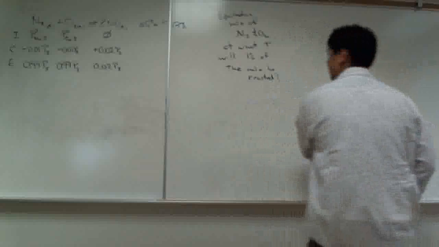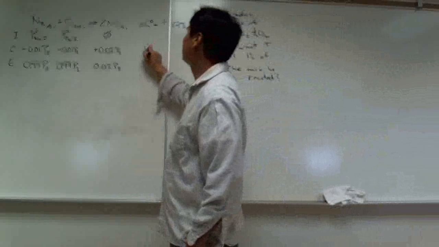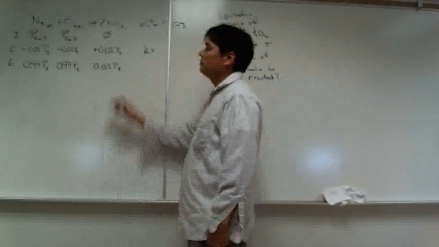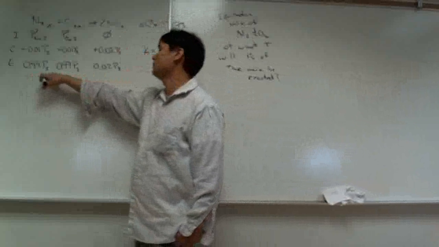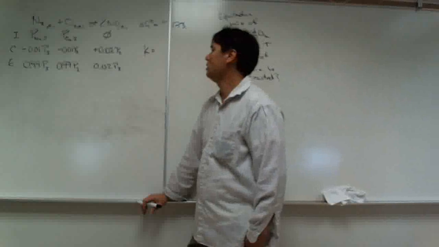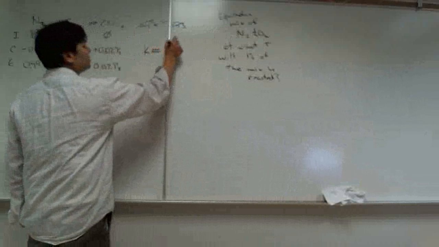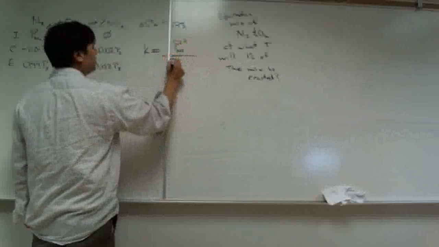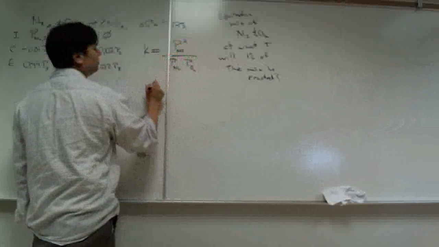We want it to stop here. And so what this is going to do is fix the equilibrium constant. That is, if we want the reaction to stop here, then this is going to have to be the set of equilibrium partial pressures. And so the equilibrium constant here is going to equal the pressure of the NO squared divided by the pressure of the N2 times the pressure of the O2.